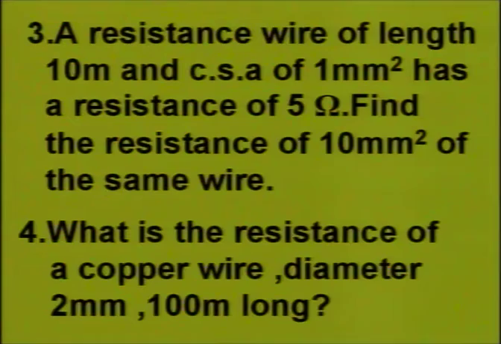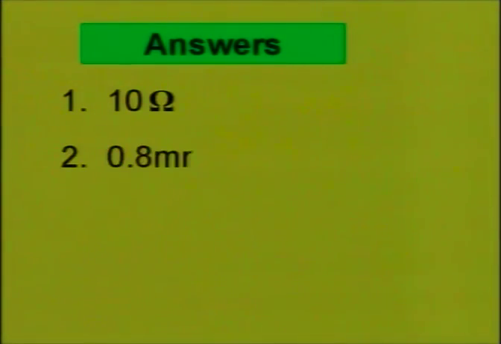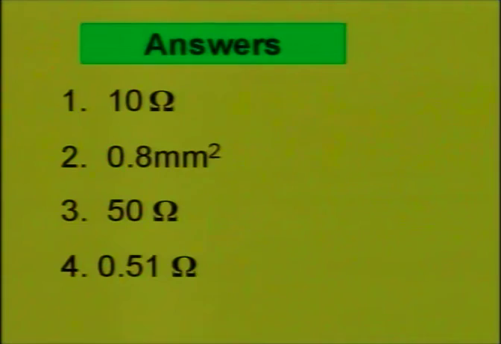Right, let's go through and have a look at each one of these. All right, the first one will be 10 ohms. The second one, if you just use ratio and proportion, you will arrive at this answer: 2 millimeters will be 40 and 1.6 will be 50.